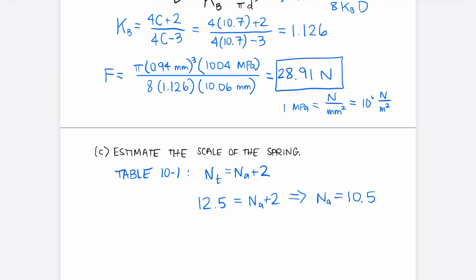Next, we go to table 10-5, and there we find the shear modulus of the spring. In table 10-5, for a music wire with a diameter of 0.94 millimeters, that's the second row of that table, we find that our shear modulus is 81.7 gigapascals.